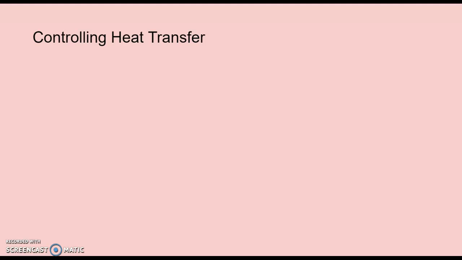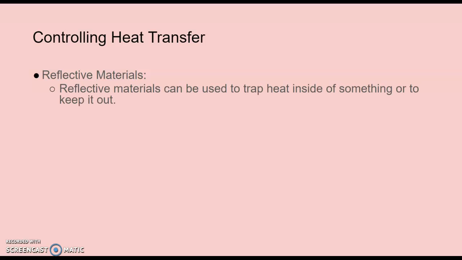How are humans able to control heat transfer? We can use reflective materials. These are able to trap heat inside or sometimes keep it out. So if you ever have seen cars with the reflective covering over the windshield, that's to kind of keep all that heat from getting into the car. We have conductors.